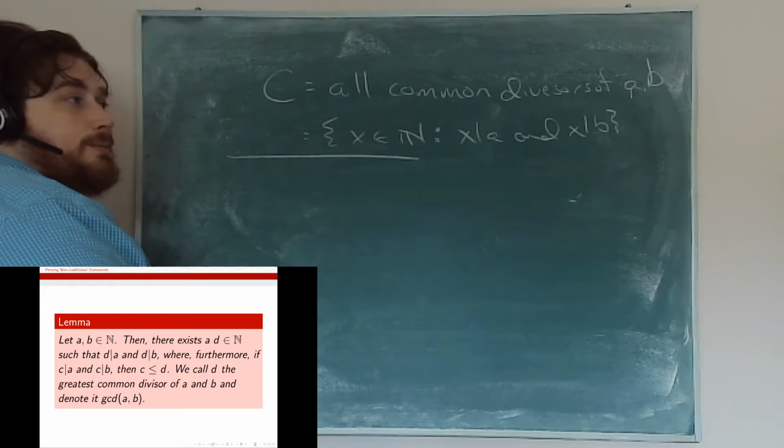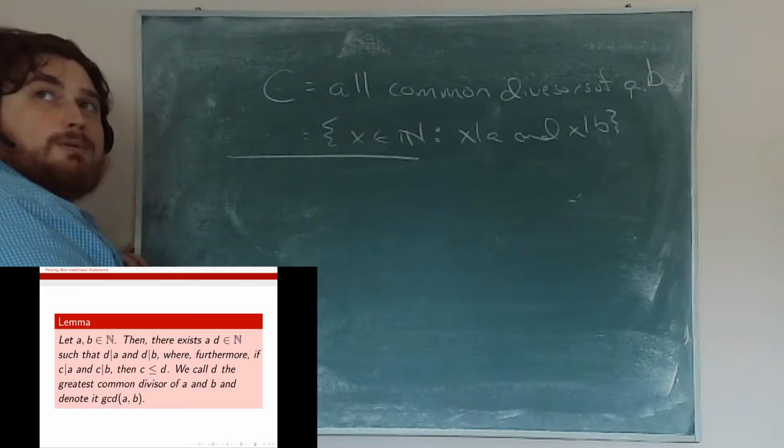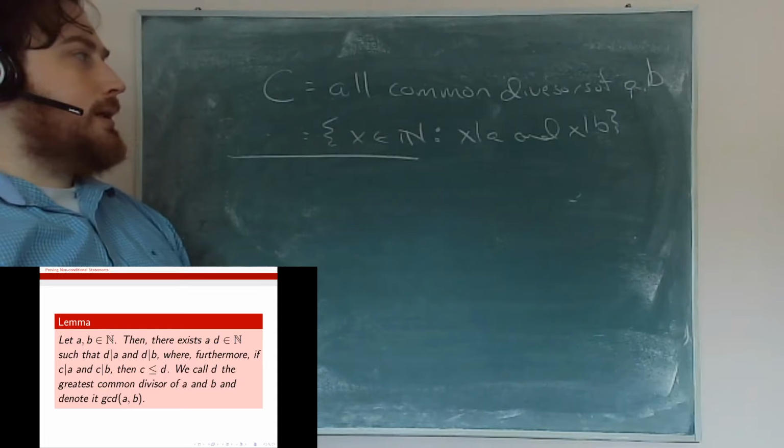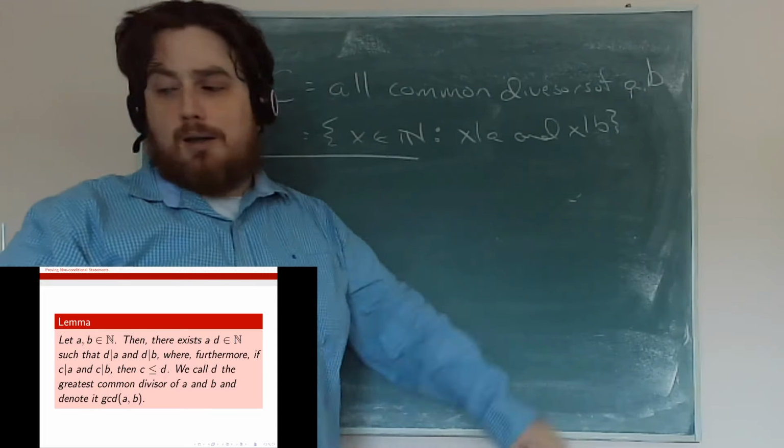Now this one's not too bad. I can do that by finding an example. So if A and B are both natural numbers, can you think of a number which divides both A and B?